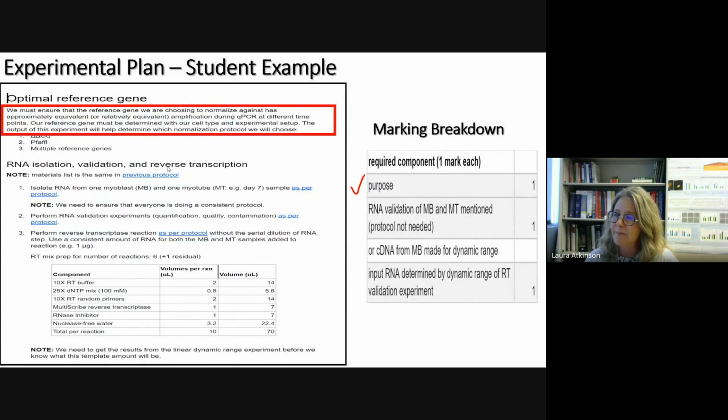So here's an example of a student's experimental plan. On the left is their exact submission. And on the right is my marking breakdown. And I hope to convince you that this can make marking really, really simple. So basically what I do is I have a spreadsheet, like an Excel file, and I have the required components, and each of them are 1 mark.